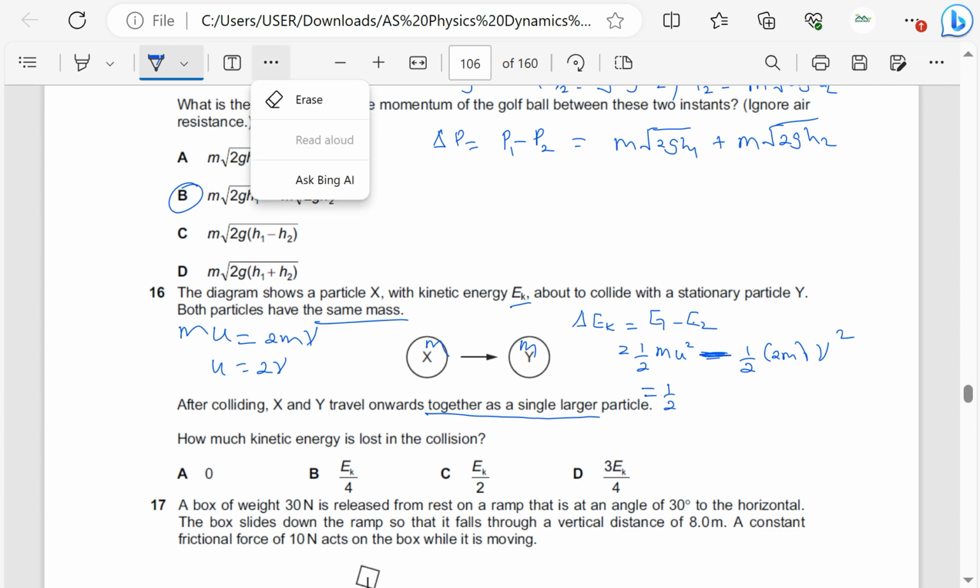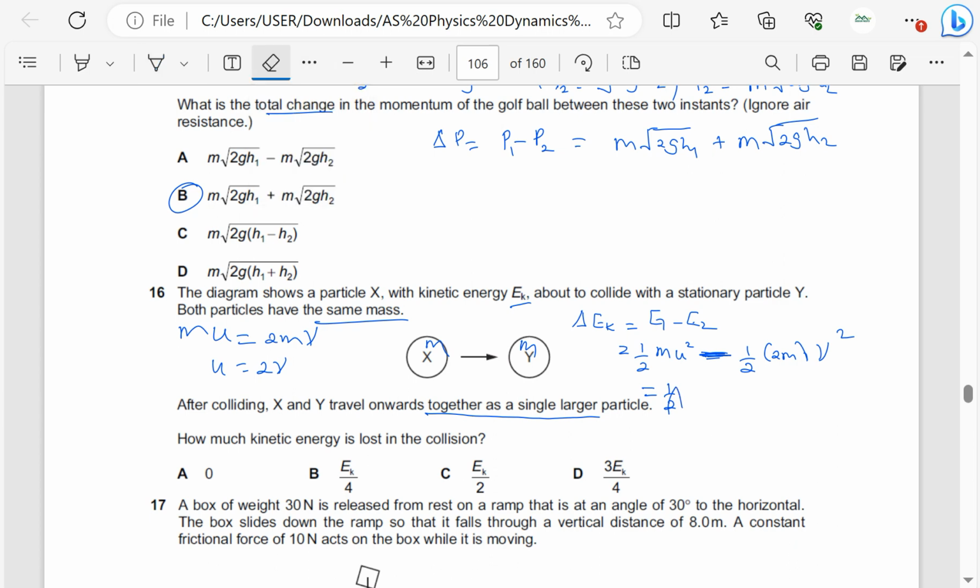No, let me just do it naturally so that it is easier for us to see the difference.